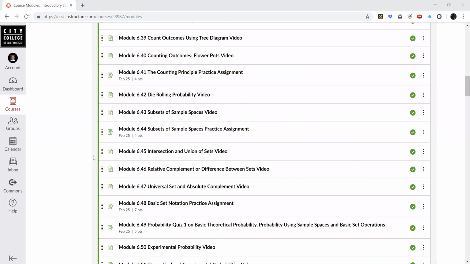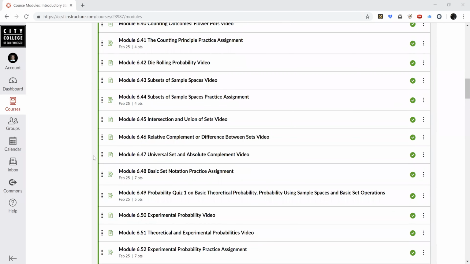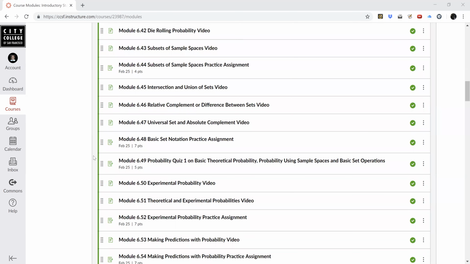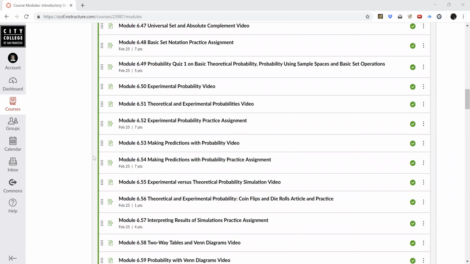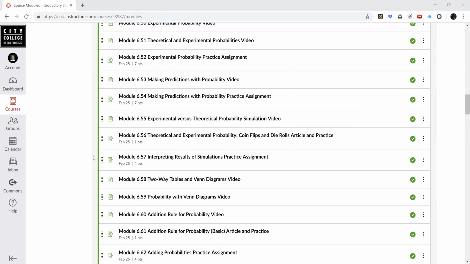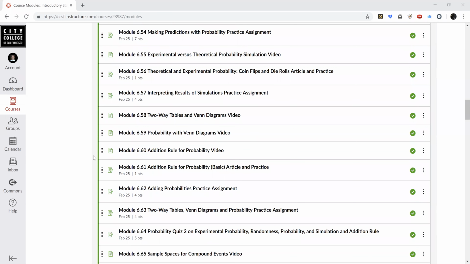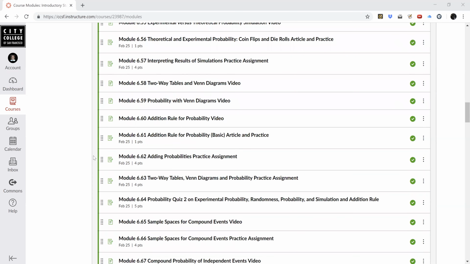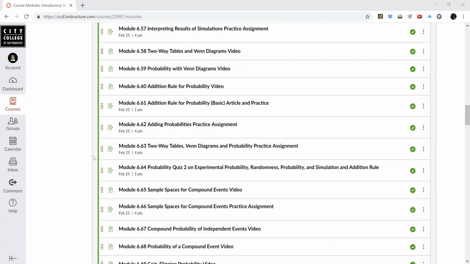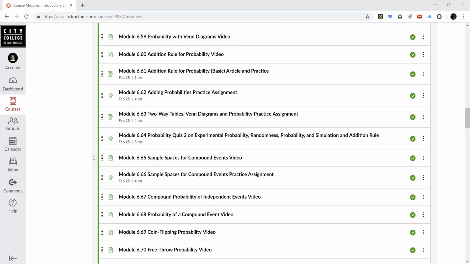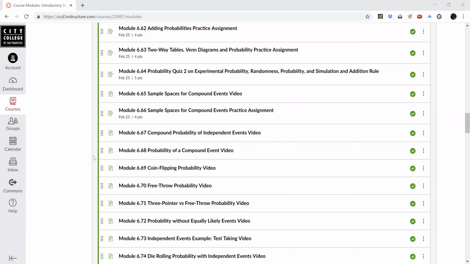You're going to learn a number of different rules, which are called the addition rule, the complement rule, and the multiplication rule for independent events. You'll learn the concept of an independent event. You'll get to learn about how probability can be applied to various types of examples.